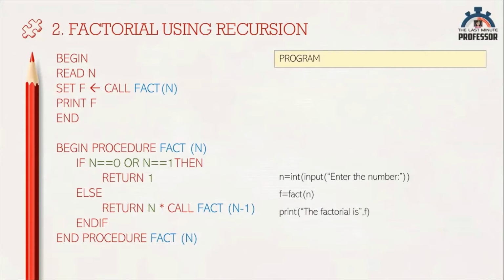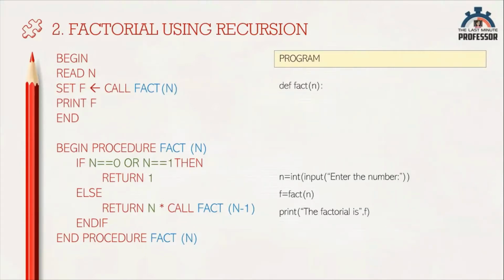Now let us get back to the space we left for the function definition. The first line of the function definition is known as the function header. The syntax for the function header goes like this. Use the keyword def followed by the function name. Here it is fact.